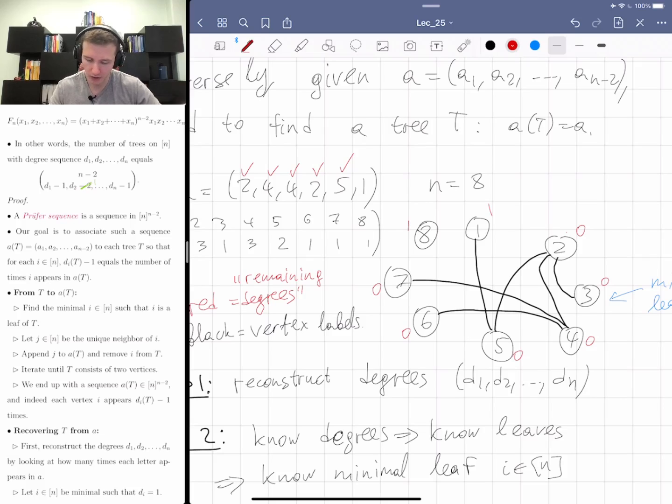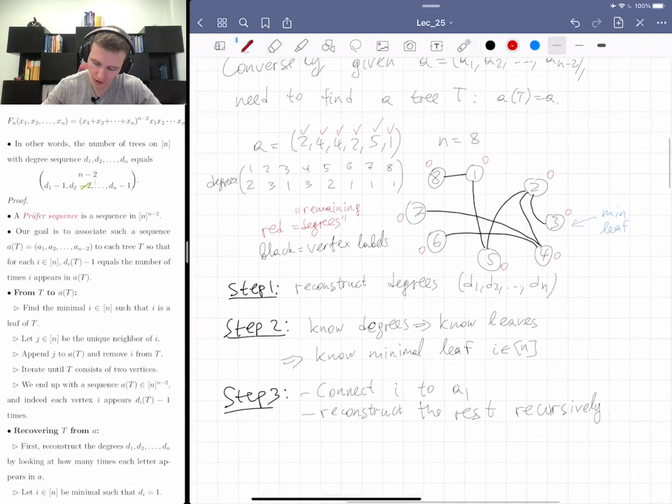So what I'm left with, I have used all the numbers in the sequence, and I end up with 2 vertices which are supposed to have degree 1, and like an extra edge between them. So I just add the extra edge between 8 and 1, and then I decrease the numbers, and I end up with a tree.